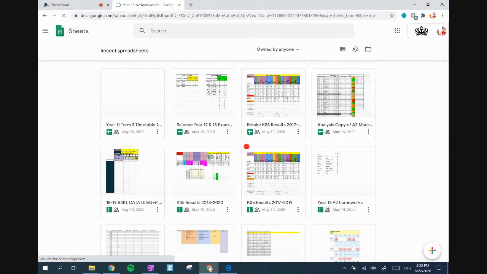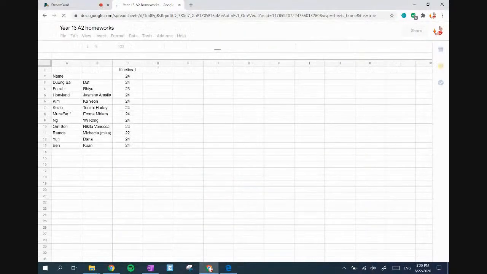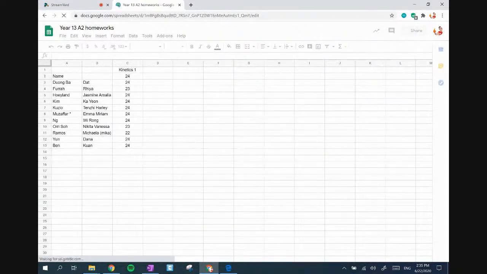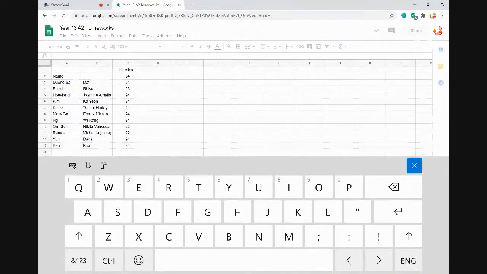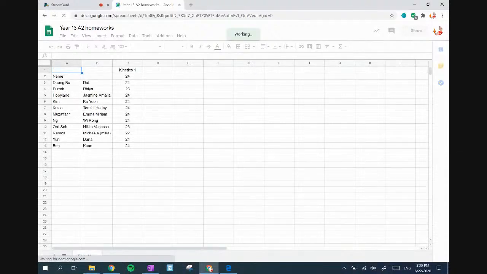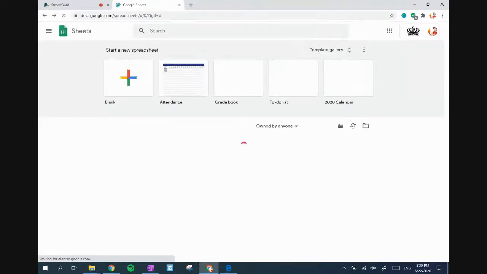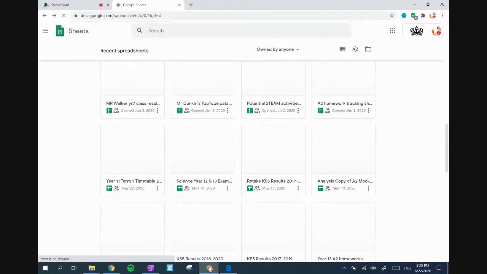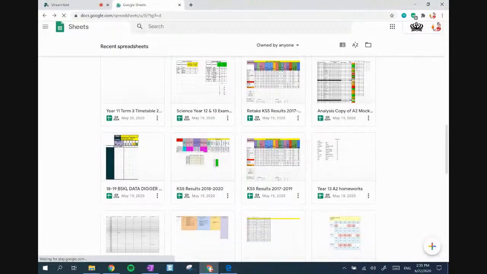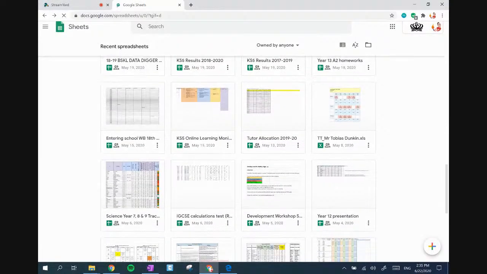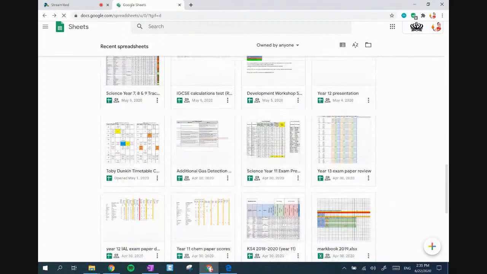A2 homeworks. Well, that's bum. I seem to have lost it. Was that it? A2 homework tracking sheet. When was the last time we used it?